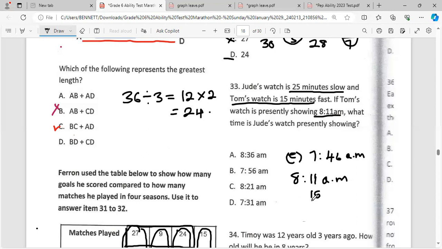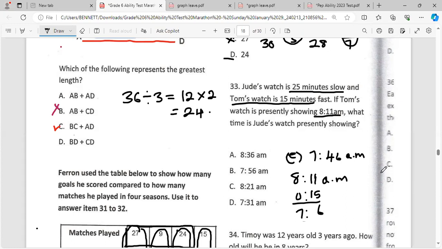Yes, sir. All right. So taking away the 15 minutes, 5 from 1 you can't, so we borrow 1. So we get 7:56. So the real time now is 7:56.